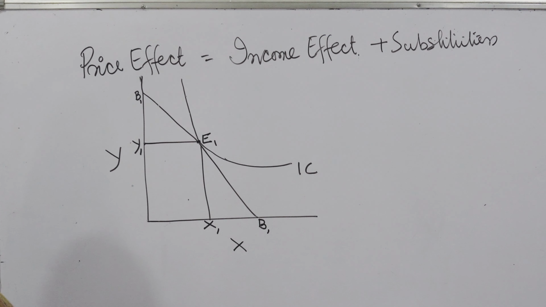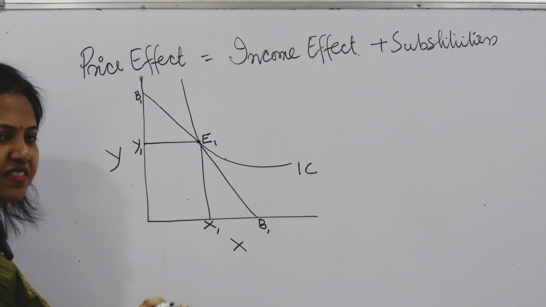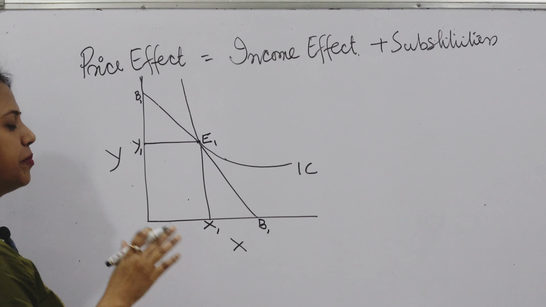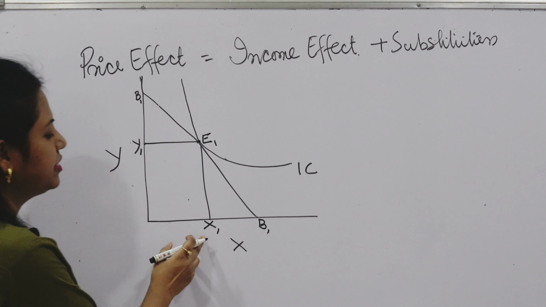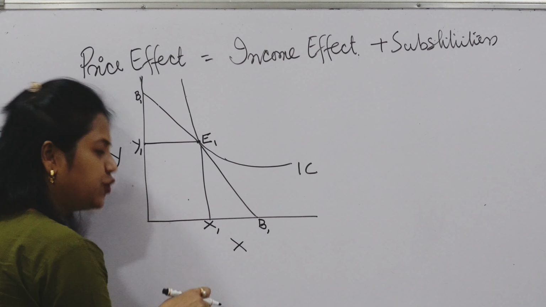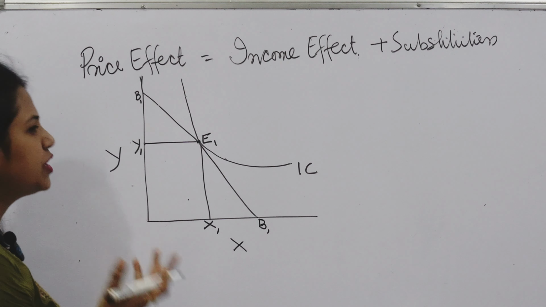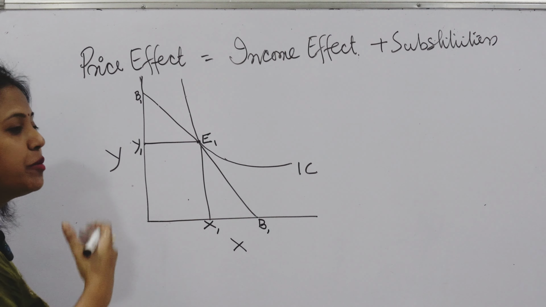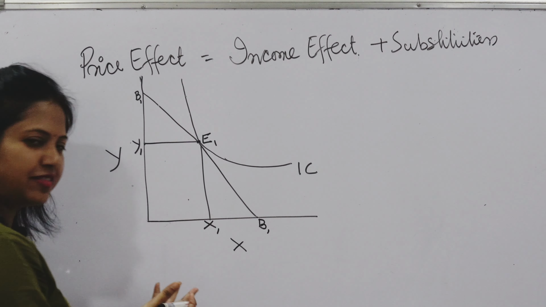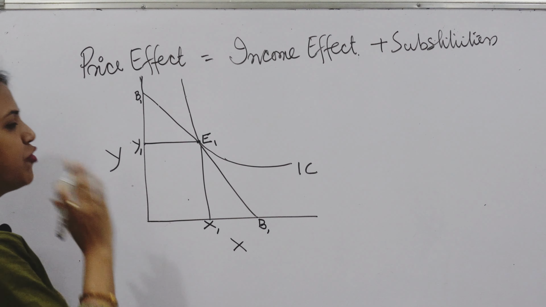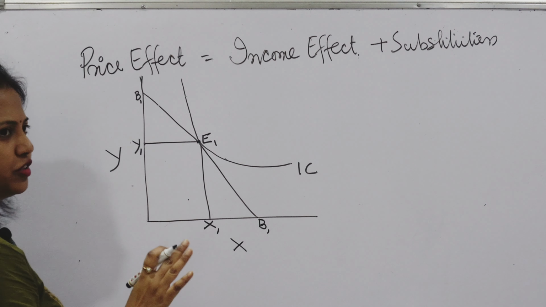Now suppose the price of X drops, meaning there is a fall in the price of X. Now interestingly, when the price of X has reduced but the price of Y has not reduced, what happens? My affordability, meaning how much I can spend on X, has increased, but how much I can spend on Y is unaltered.